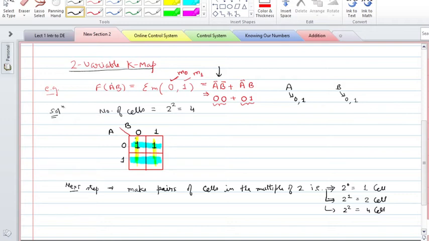So here the possible group is this one, and you can also form this one.